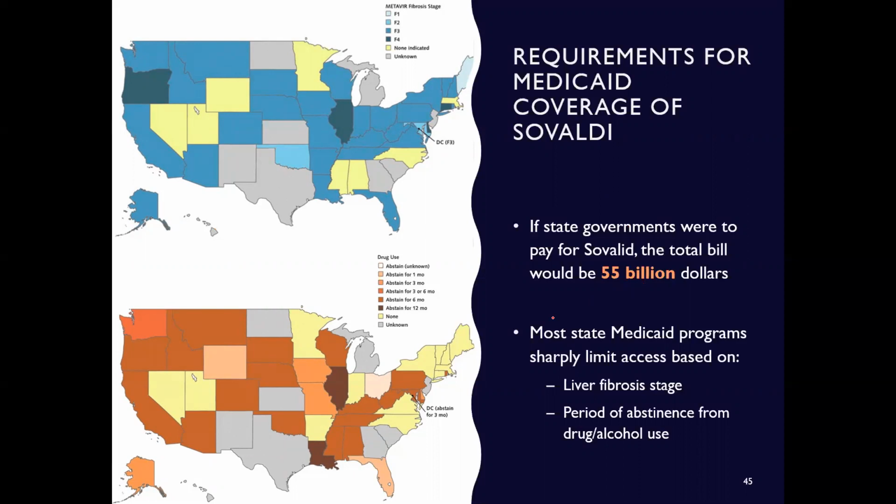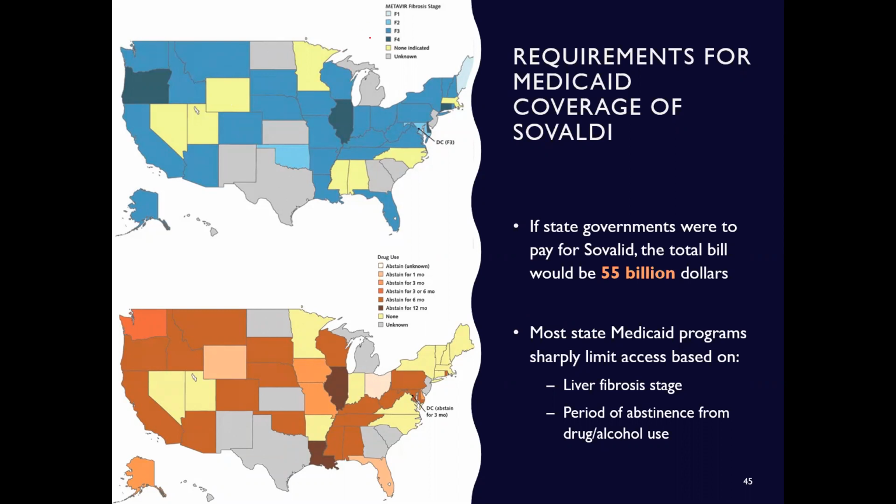Well, most state Medicaid programs sharply limit access based on your liver fibrosis stage and also the period of abstinence from drug and alcohol use. So these two maps show different Sovaldi coverage regulations by state.